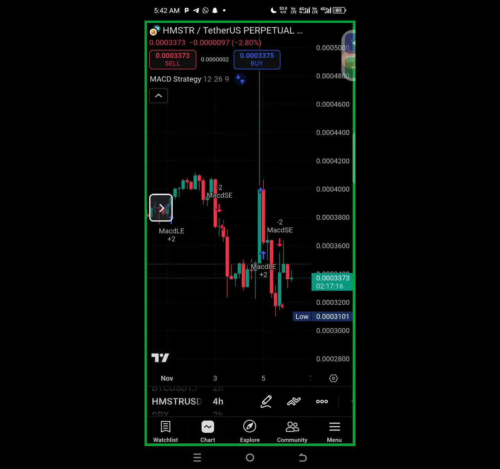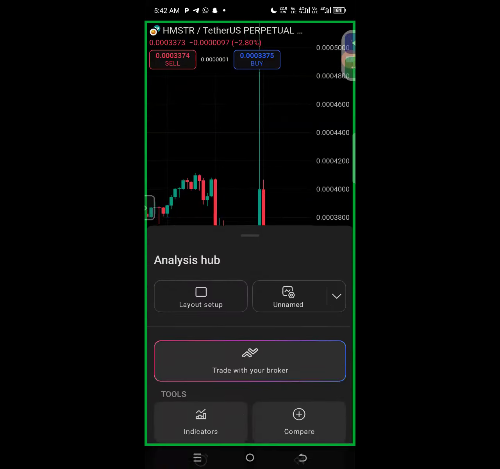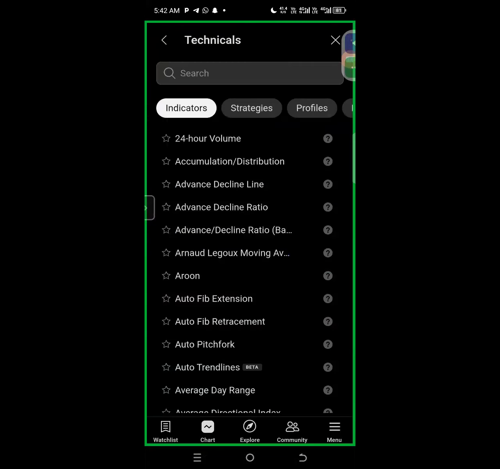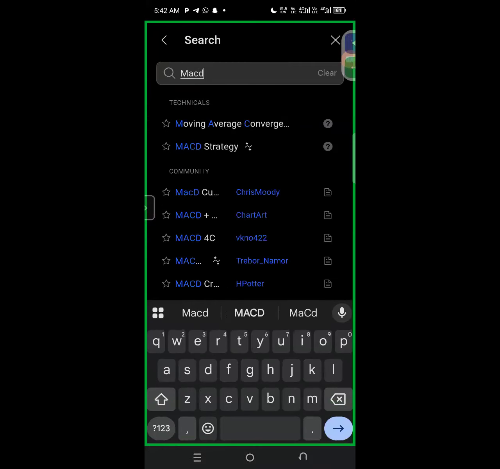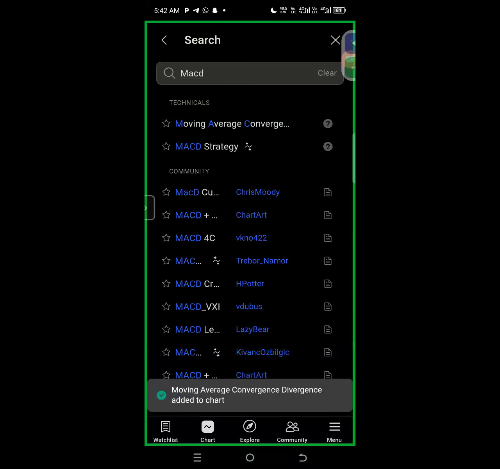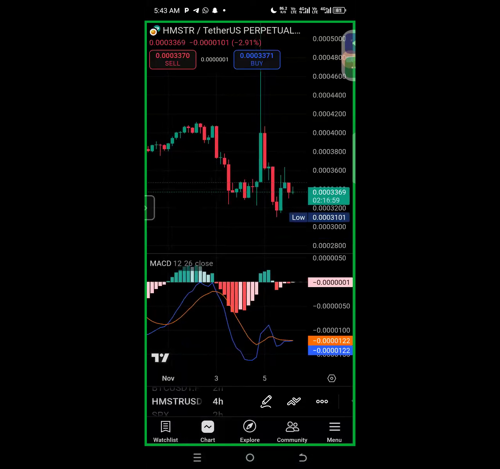Did I use the right thing? Okay. So MACD, right? Tap on it, MACD. Okay, good. Now let's go to the chart. Exactly, we have it here, right? So Eva, try to do it again.